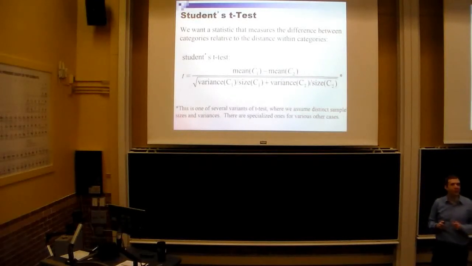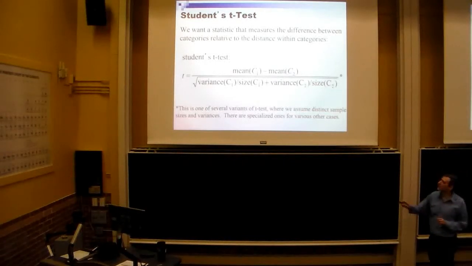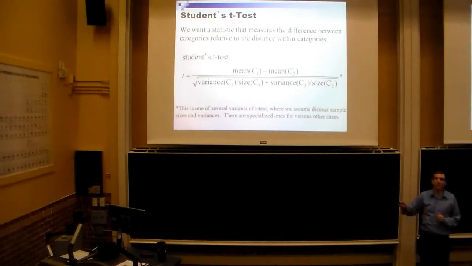There are different versions of a t-test. This is the most generic one you're likely to use. Basically, we will get a statistic that's equal to the difference between the means of the categories normalized by approximately the square root of the variances.